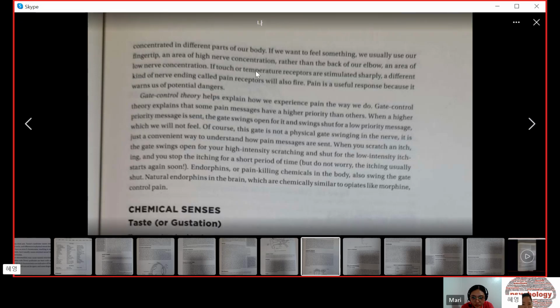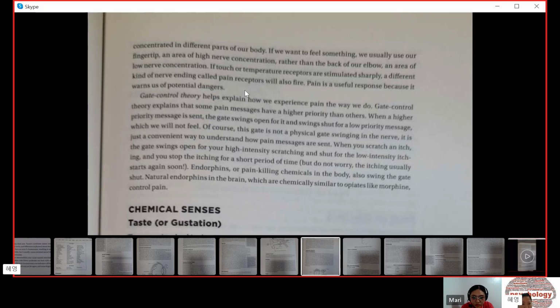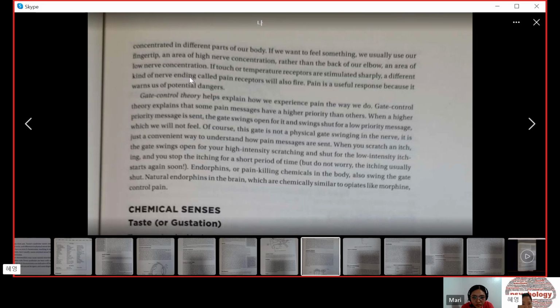If touch or temperature receptors are stimulated sharply, a different kind of nerve ending called pain receptors will also fire. Pain is a useful response because it warns us of potential dangers.